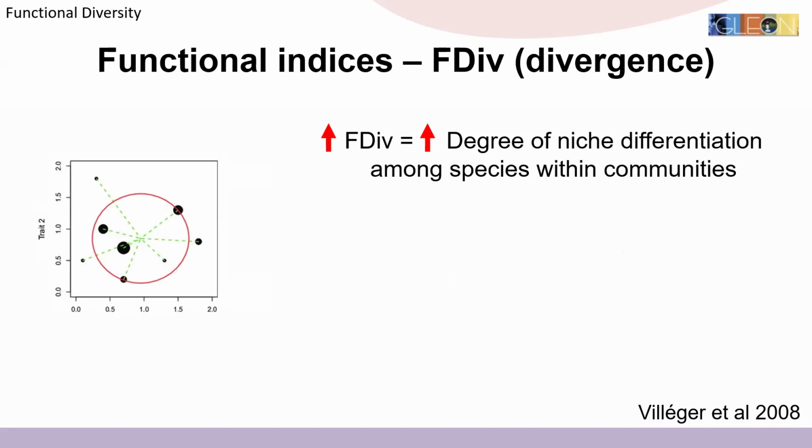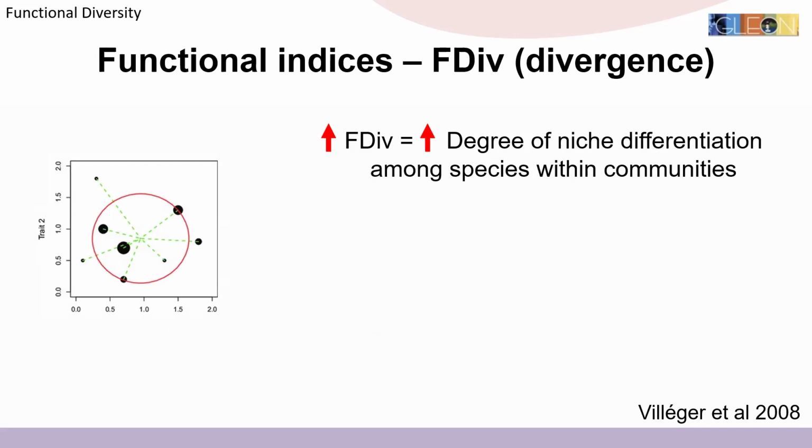Functional divergence, in a multivariate context, relates to how abundance is distributed within the volume of functional space occupied by species. So in this graph, again, each dot is a species. If the dot is larger, it means that the species is more abundant.